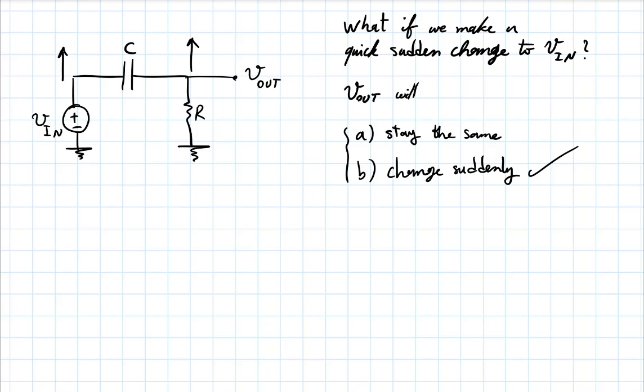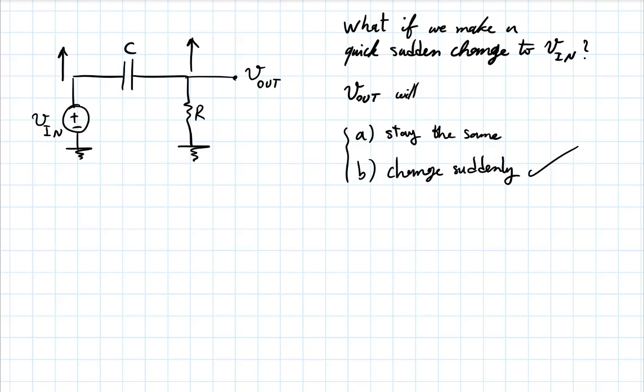Now, this is all very qualitative, right? If I wanted to make it more quantitative, what quantity in the circuit tells me really how rapidly V out responds to V in? Let's put it another way.